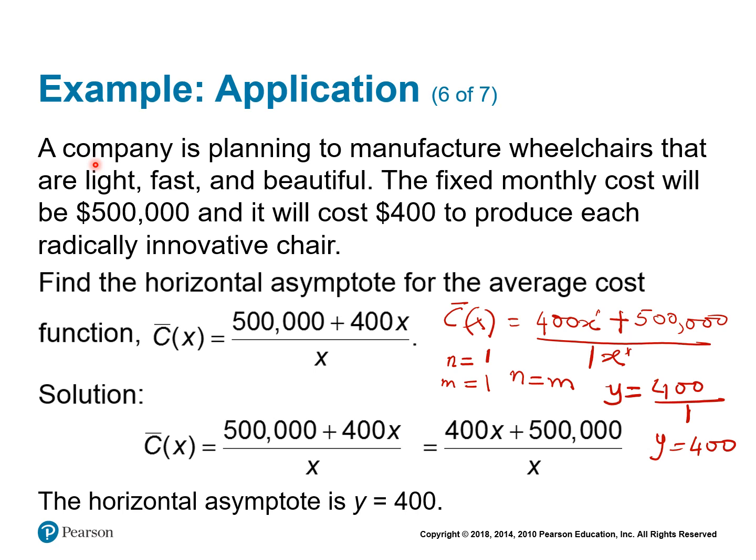Now, if we keep increasing the number of chairs produced, will there be a point where the cost will become $0? No, right? That's what the horizontal asymptote is telling us: at y equals $400 is where the cost is going to even out.